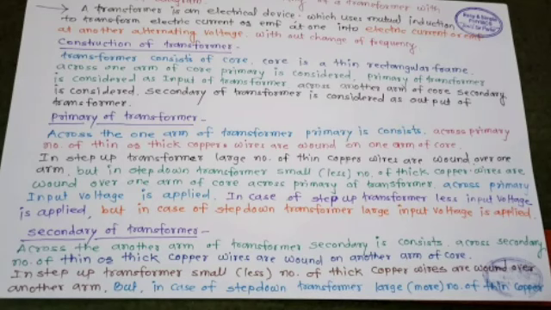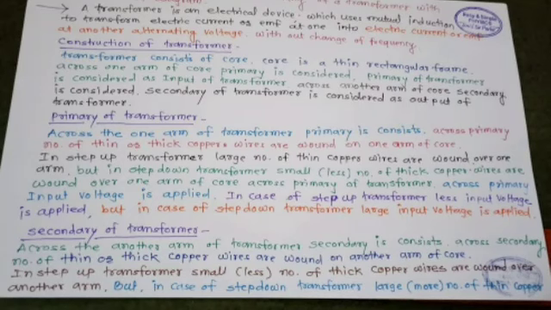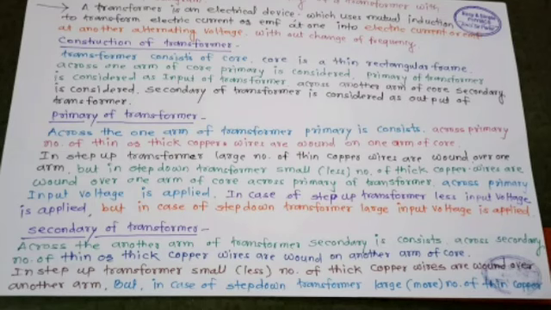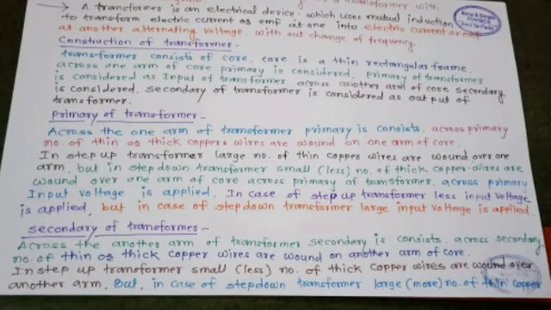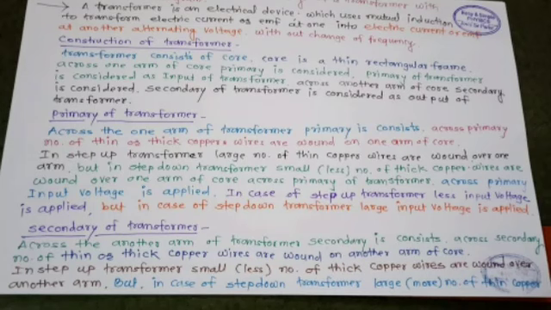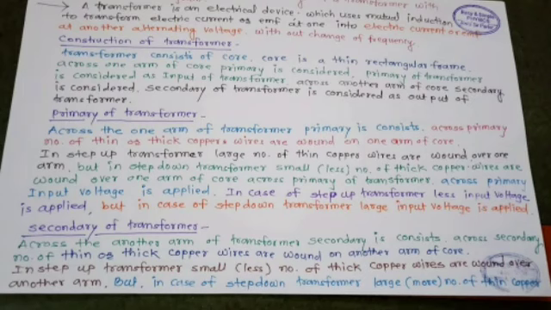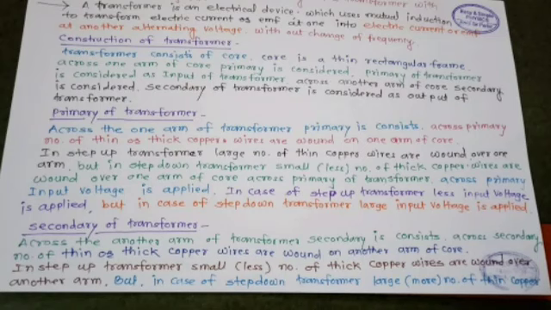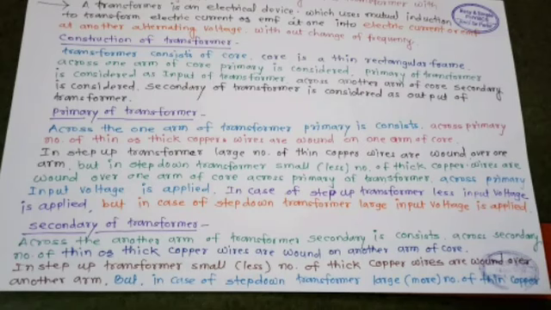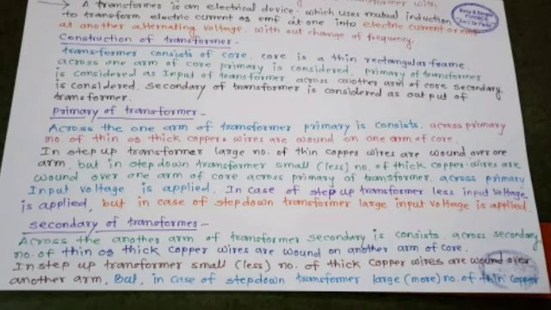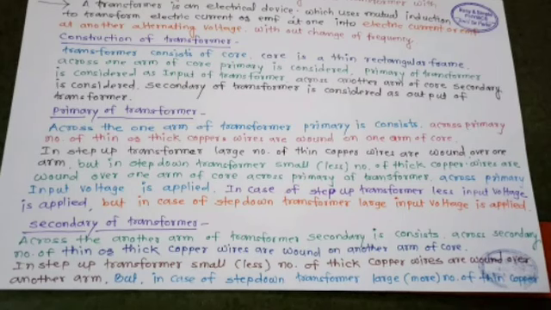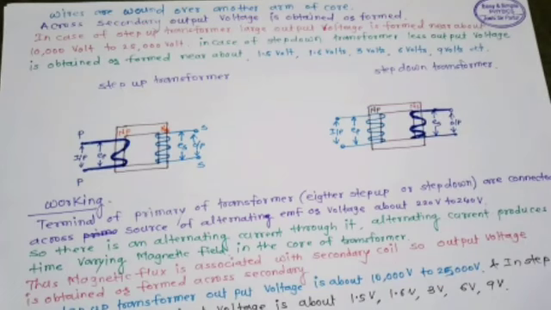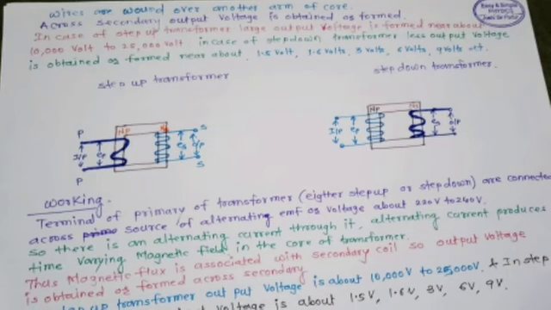Secondary of the transformer. Across the other arm of the transformer, the secondary consists. Across the secondary, a number of thin or thick copper wires are wound on the other arm of the core. In a step-up transformer, a small number of thick copper wires are wound over the other arm. But in the case of a step-down transformer, a large number of thin copper wires are wound over the other arm of the core.